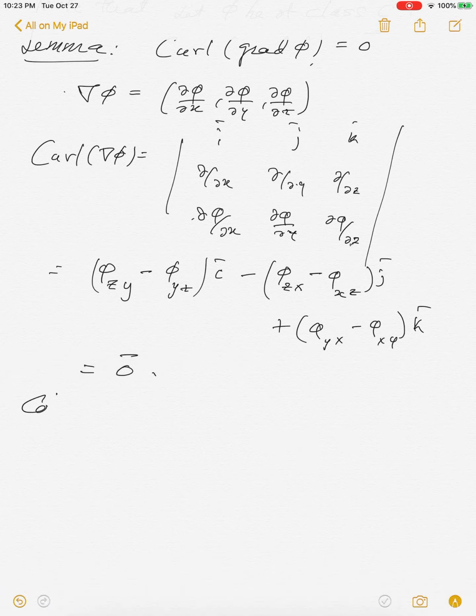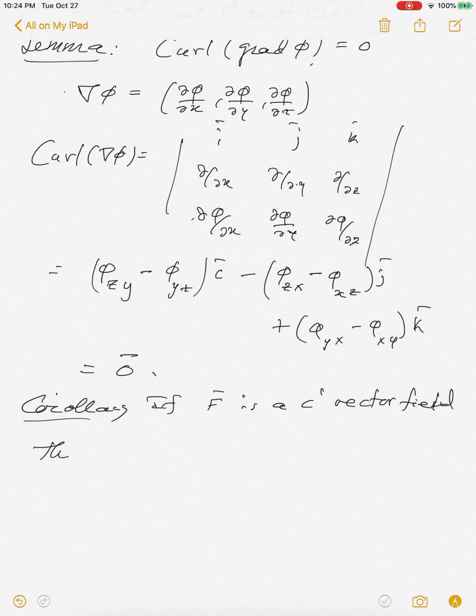So if phi is of class C2, then it follows that the gradient of phi has curl 0. So in particular, this says, therefore, as a corollary, if f bar is a C1 vector field, then f bar is conservative.